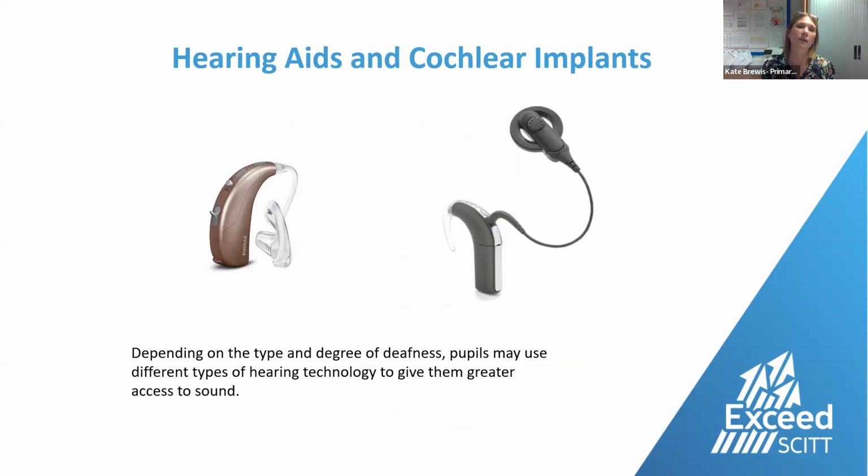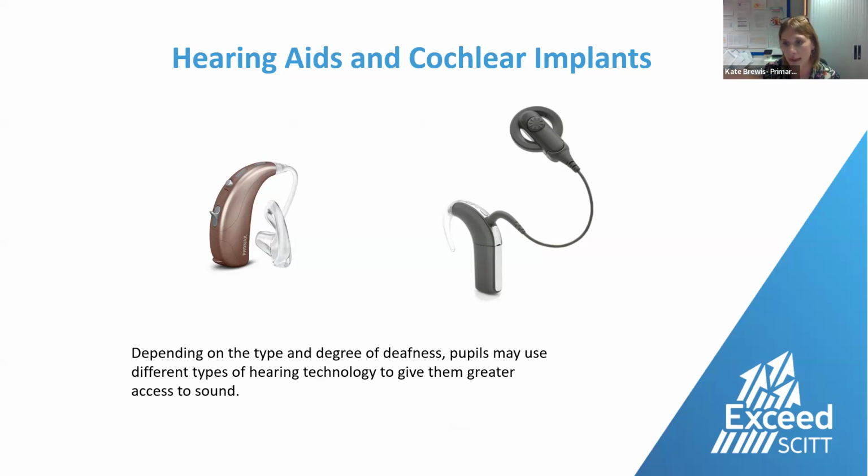So like I said, there are two main types of adaptations or resources, the equipment that deaf people will use, and those are hearing aids and cochlear implants. It does depend on the type and the degree of deafness what type of technology you will be offered, and it is very much parental choice.